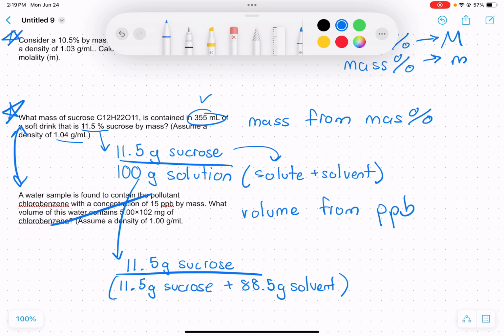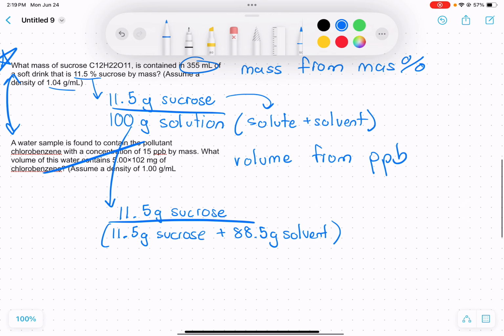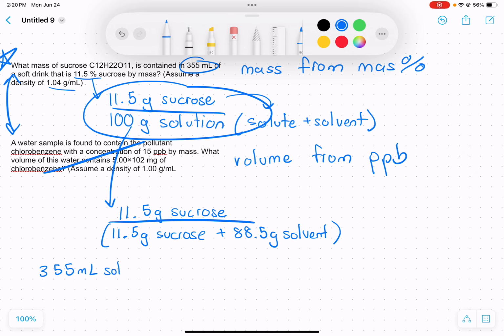But since this is asking us in volume, we actually don't need to go into that detail. We're just going to start with our volume, the 355 milliliters, and we're going to use the density to convert that to grams, because then we can use the mass percent as a conversion factor to get us from grams of the solution to grams of the sucrose. So this is milliliters of the solution.